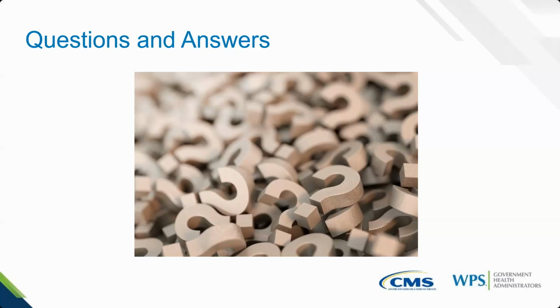We do have information available on our website. If you go into our website, which is WPSGHA.com, and over on the right-hand side, there will be a box that says Quick Links, you can go into that box, choose the EDI link, and then once you get to the EDI site, choose Medicare.